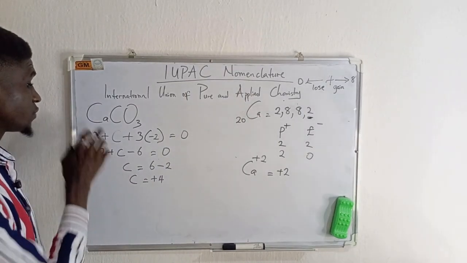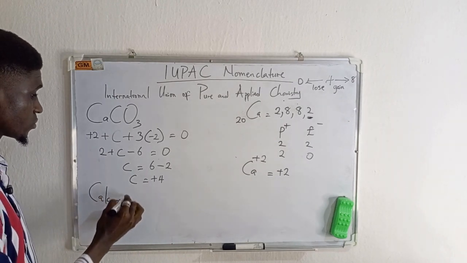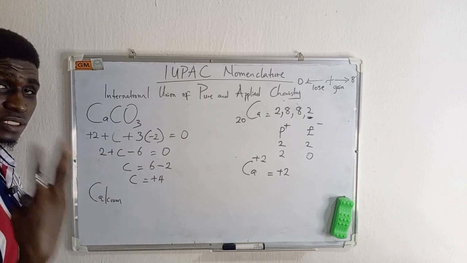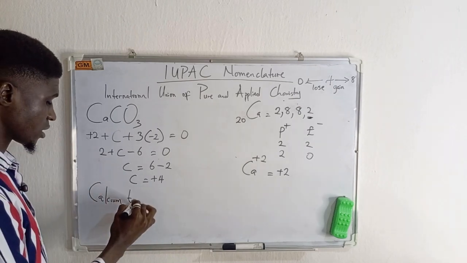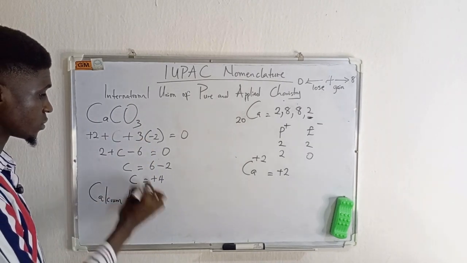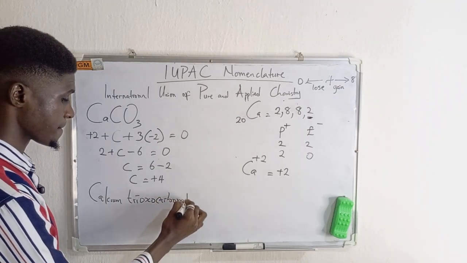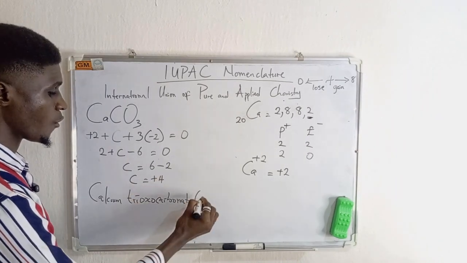That will give this name as calcium tri. 3 means tri. Calcium trioxocarbonate 4.